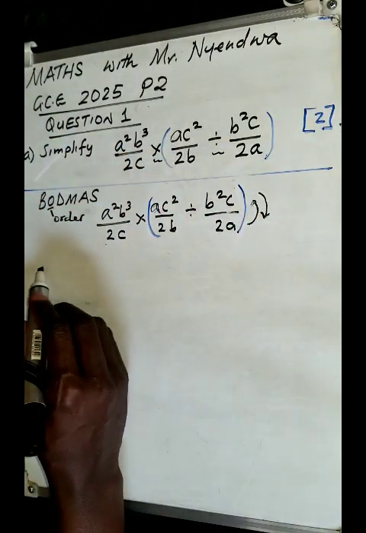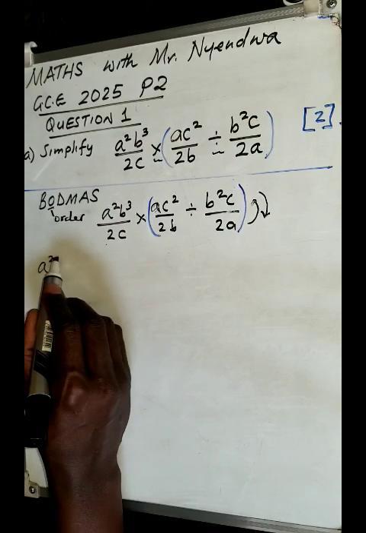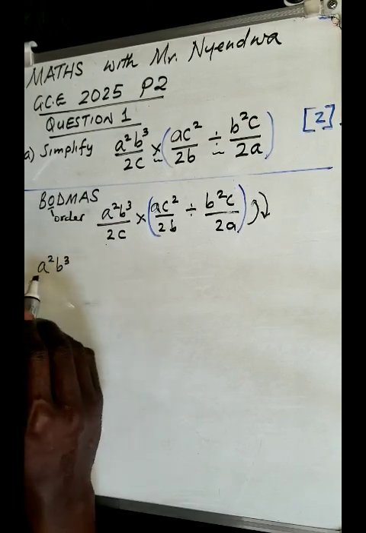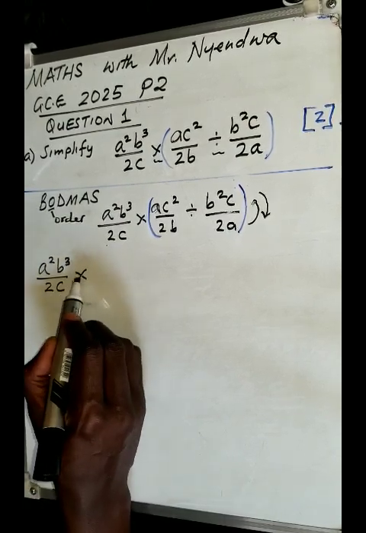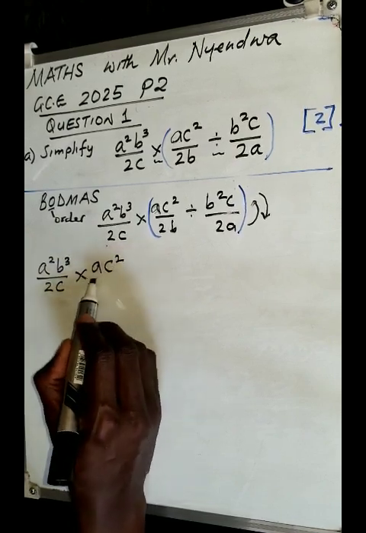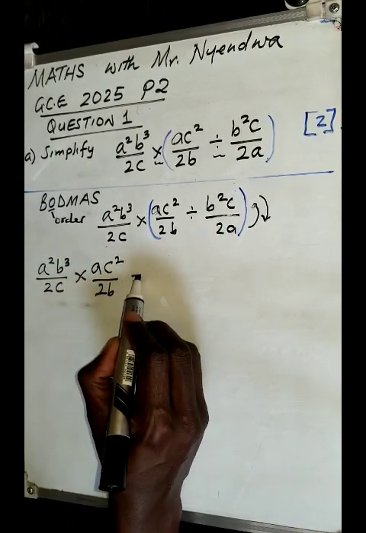So I can write a squared, b raised to the power 3 over 2c, multiplied by ac squared over 2b.